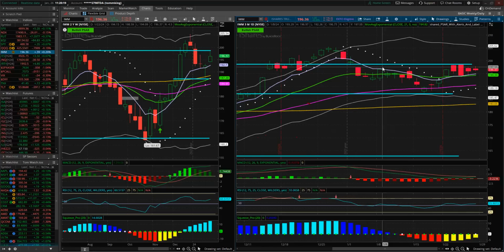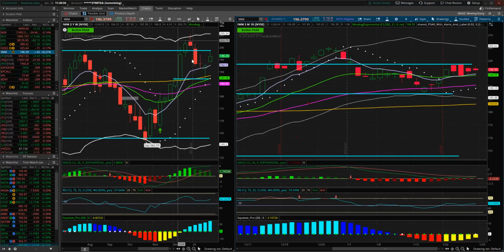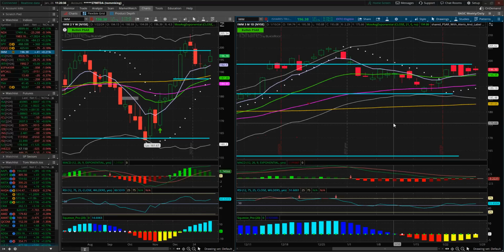But to me, this is the overall riding direction. So whatever the weekly says, the daily, if it's in sync with it, fine. If the daily gets out of sync with this, if this is telling me something's going down and the daily is telling me something's going up, and they're in a bit of a spat, they don't agree, I go with the longer term, okay?